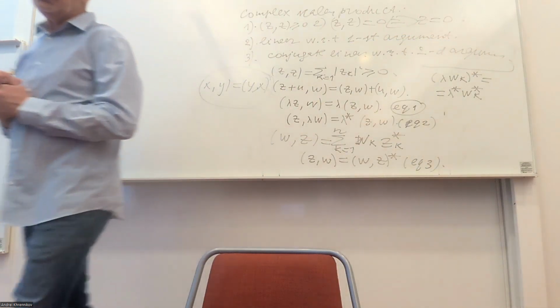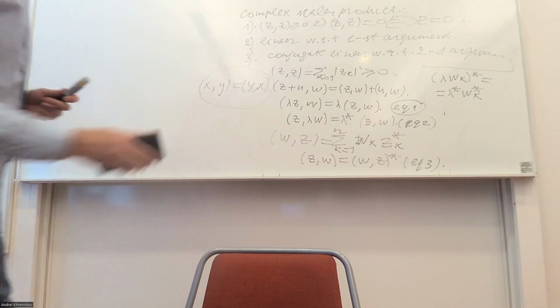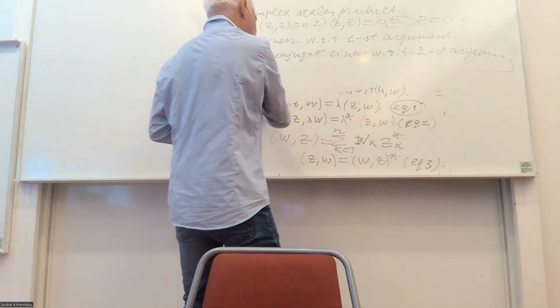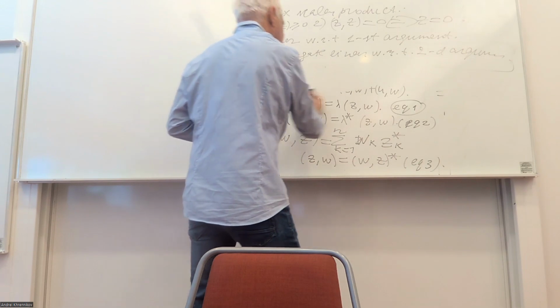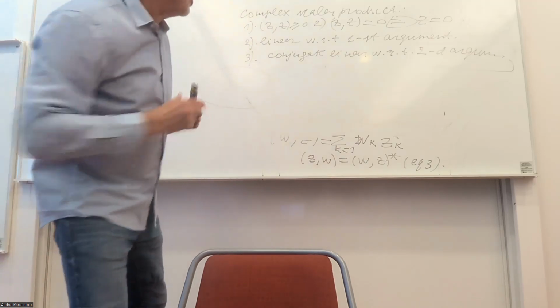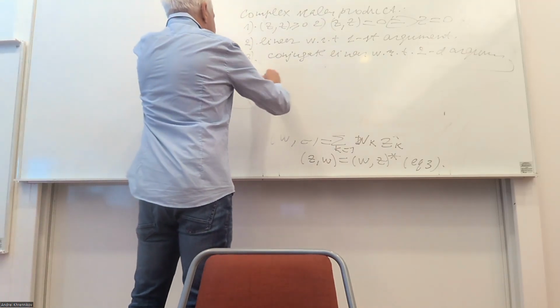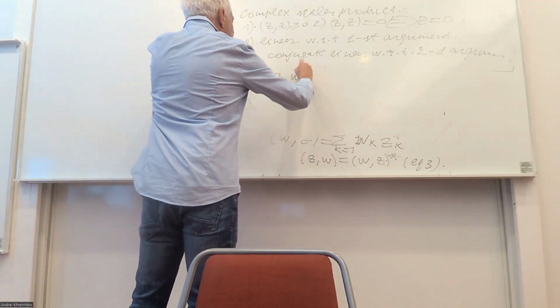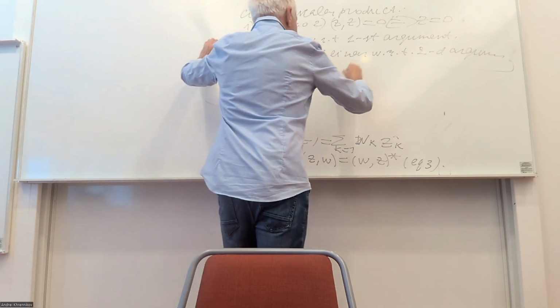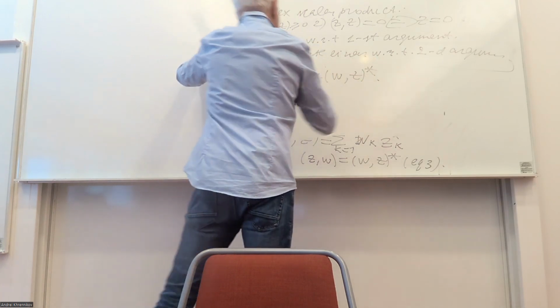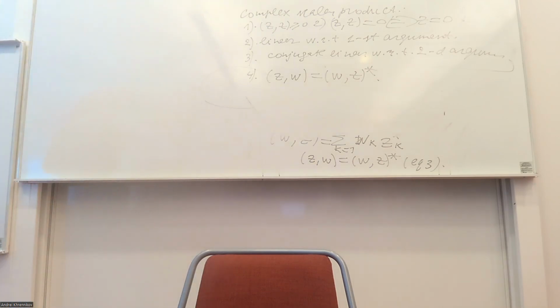So it is conjugate linear with respect to the second argument, and skew symmetric. So (z, w) is equal to (w, z) star. Yeah. So this is a complex scalar product.